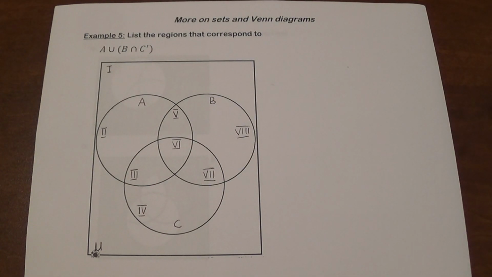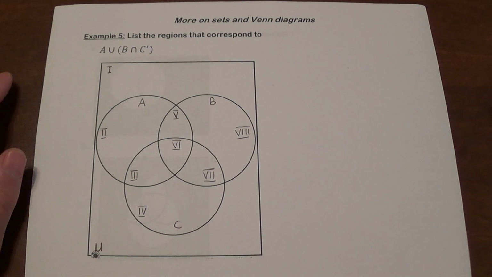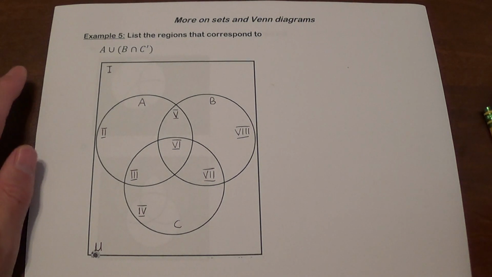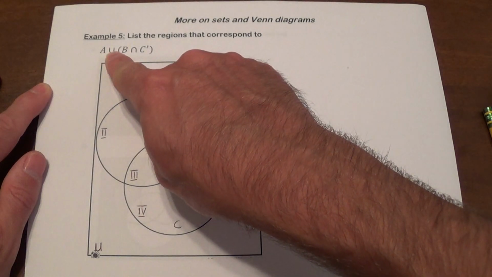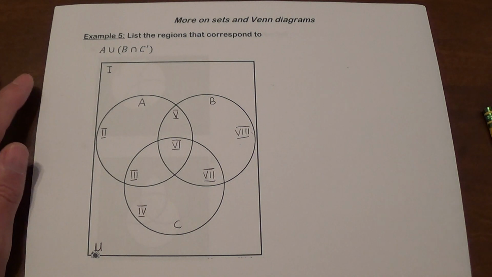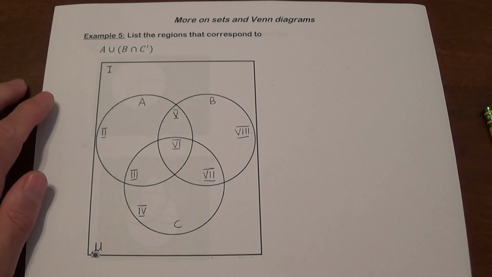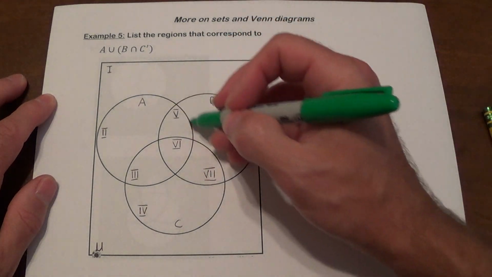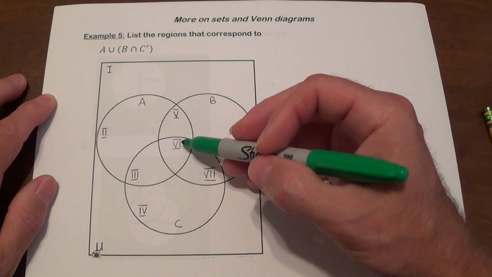Alright, so now we're going to do a similar thing, but we need to figure out the regions that correspond to this. Well, let's take a look. So we have a union, right? So if we're doing the union of A with something else, we know anything in A will be part of that, since we're going to do A plus add something else to that. So what's in A? In A you're going to have 2, 3, 4 and 5, right?